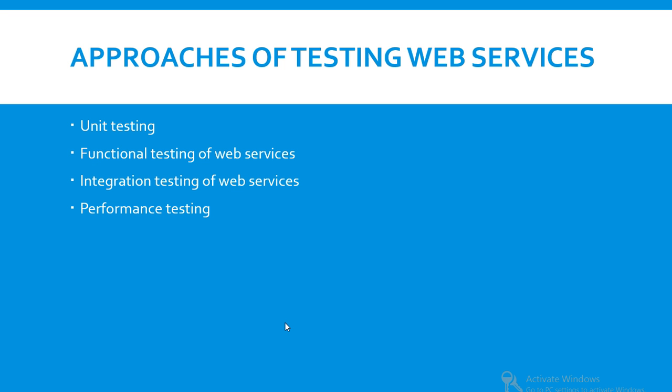Now, unit testing. A web service is a unit of business logic and it consists of one or more operations. These operations must be tested individually in order to make sure the intended business problems are addressed by web service operations. Therefore, similar to how individual methods in a computer program are tested as units, web service operations must also be unit tested.